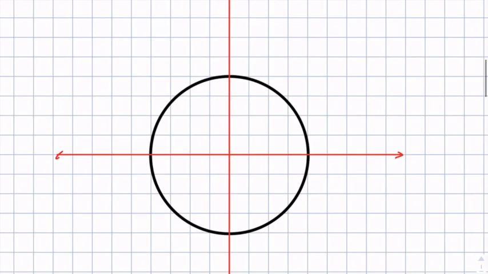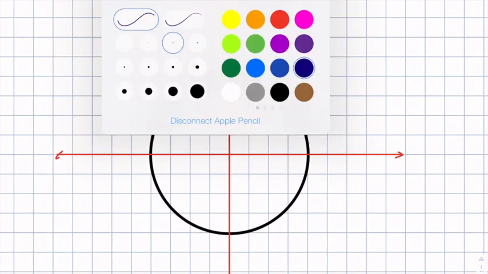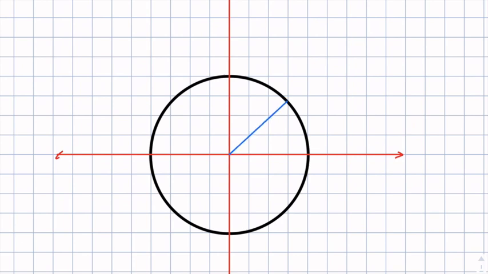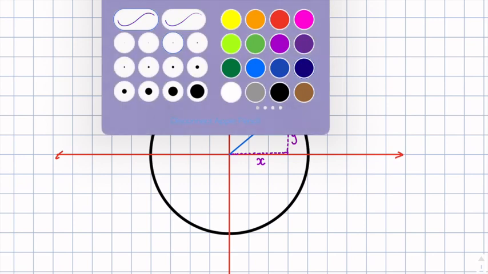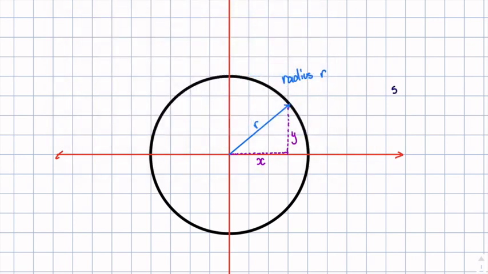Definitions for general angles. We did this last year. If I've got a circle starting at the center, going out, and it has a radius r, and I draw a triangle in it under this radius, and it goes along to x, and it goes up y, then the angle made in here, that's theta.